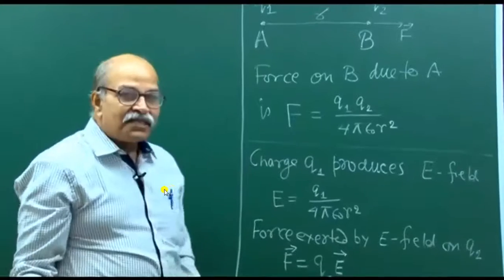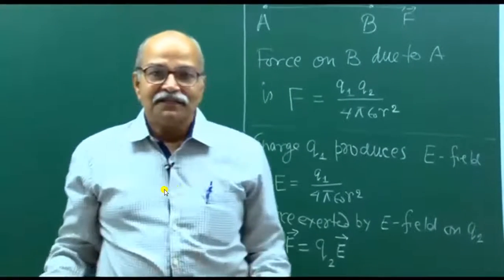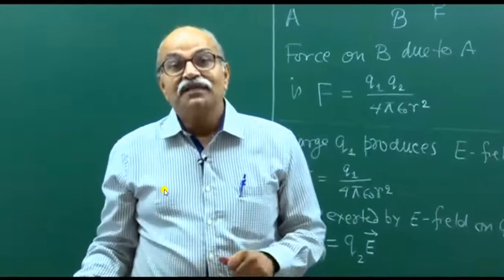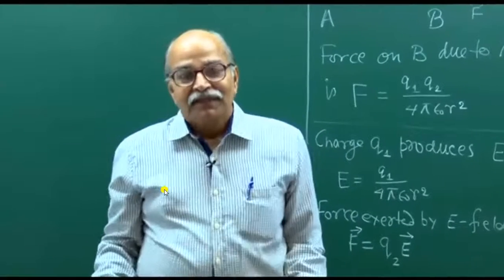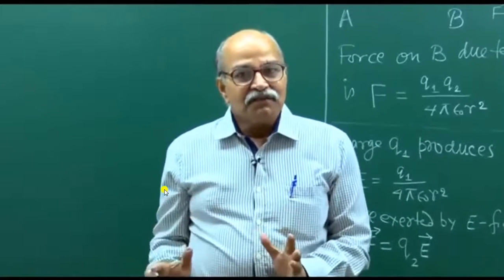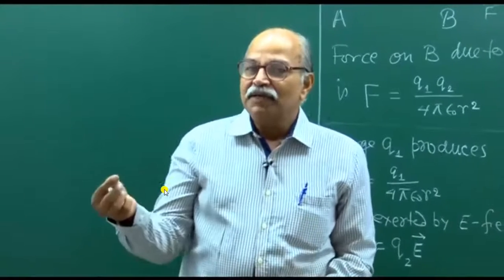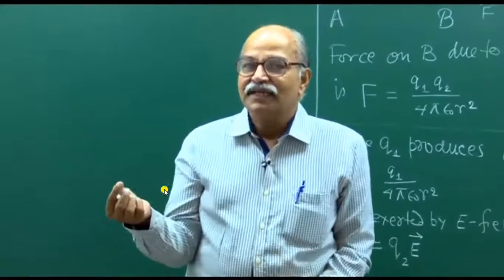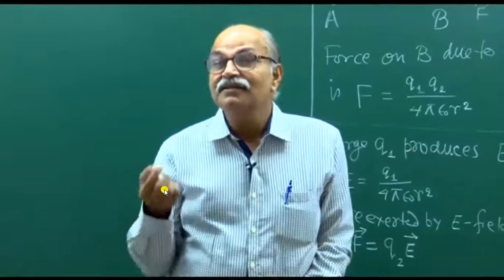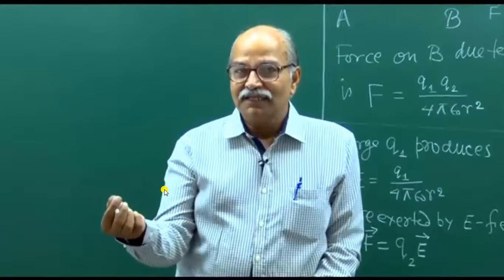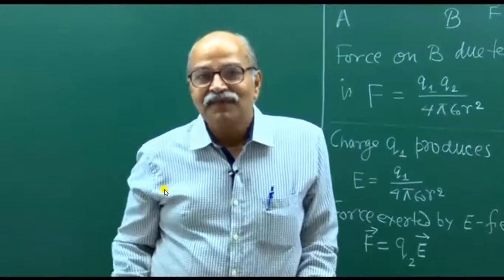Now, a quantity related to the electric field is the electric potential or electric potential difference. This potential is a scalar quantity, and you can pick any point in space and say the potential is defined to be 0. That is our choice.